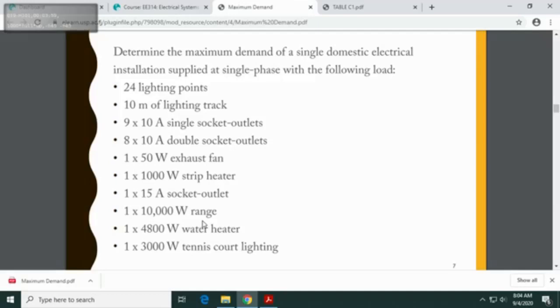Okay, the next item on the list is 1 by 15 amp socket outlet. So let's continue from there.